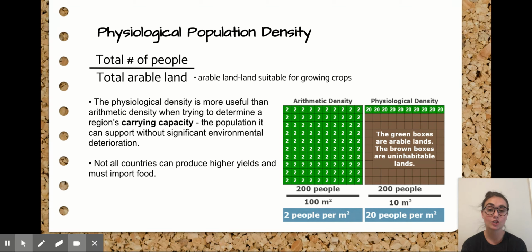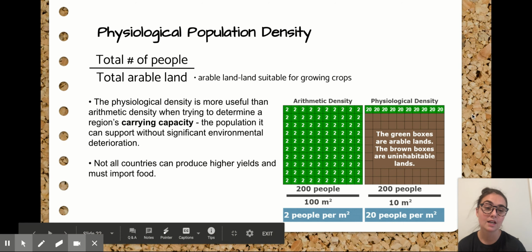So physiological population density tells us how many people are actually surviving on the amount of land that can actually produce food. And what they find out when doing this is not all countries can produce enough food to feed all of their people, and so they realize that they must import food. That's what physiological density tells us.